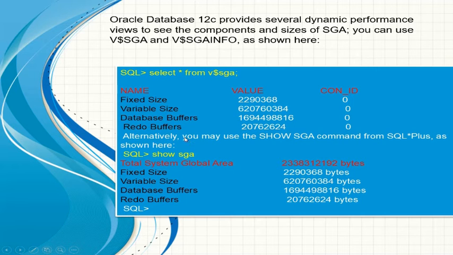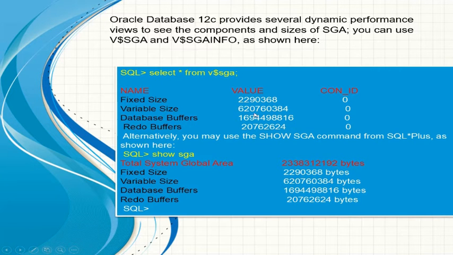Alternatively, you may use the SHOW SGA command from SQL*Plus as shown here. You can use this command, SHOW SGA, and the result is this. Total System Global Area, 2 gigabytes. The fixed size is this.